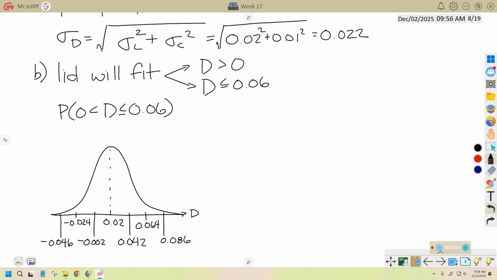Good. I'm going to mark my boundary values. So 0 is a little bit to the left of my mean. I don't know why I made that so tall.